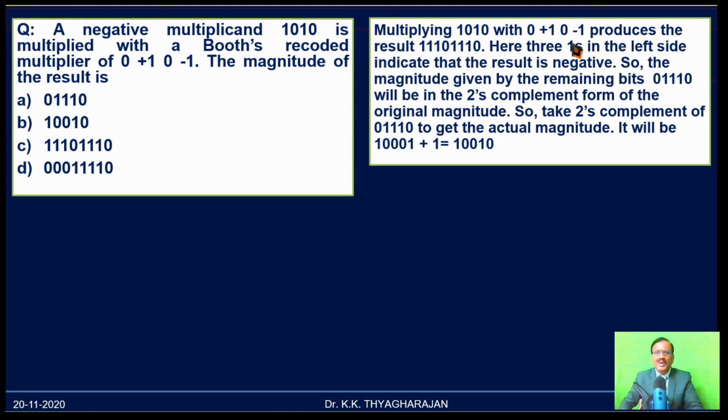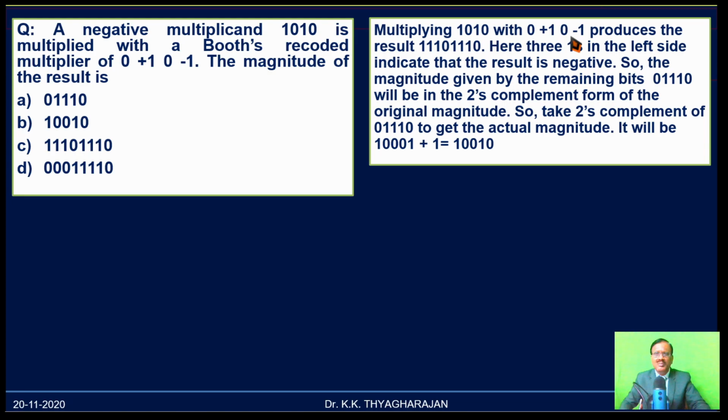That is, when you are multiplying this 1010 by -1, you will get some value. But since the value is negative, you can extend the sign bit, that is the bits on the left side, by adding ones. It is called sign extension.